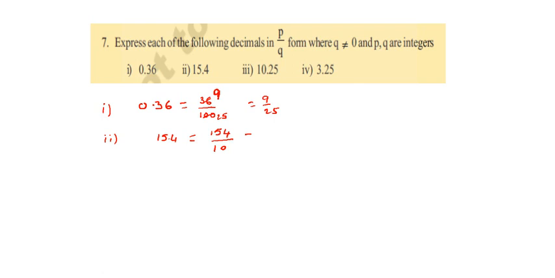Here, 2 77s are 154 and 2 5s are 10. So 15.4 is written as 77 by 5 in the simplest form. So in this way, you may find the remaining two, 10.25 and 3.25, very easily.